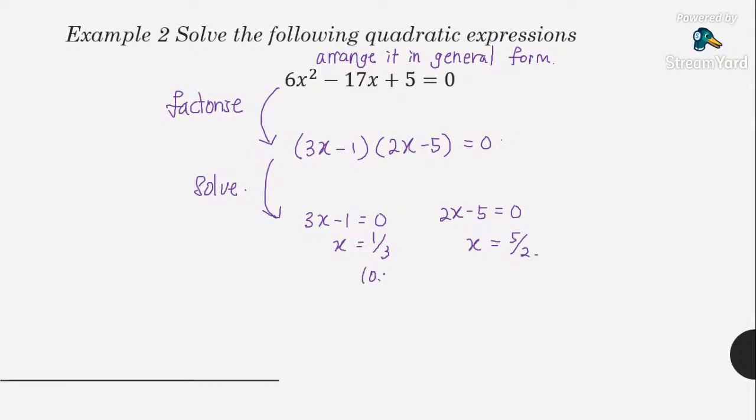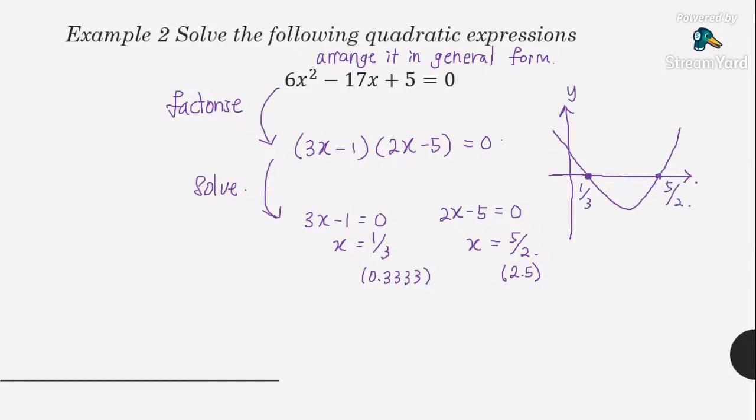So this is roughly 0.3333, and this is 2.5. I want to find the decimal numbers because I want to know the positions of the roots in the graph. These two are positive, means my graph will be on the right hand side like this. So this will be 1/3 and this will be 5/2.